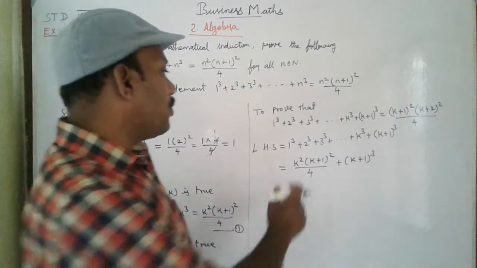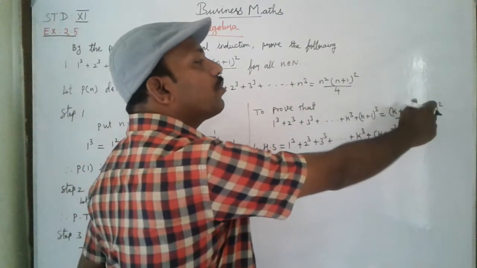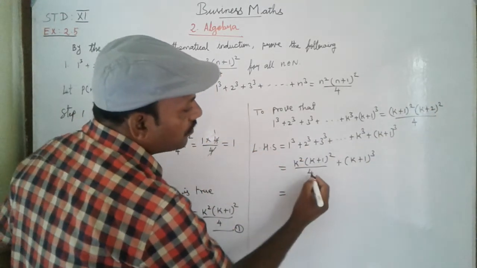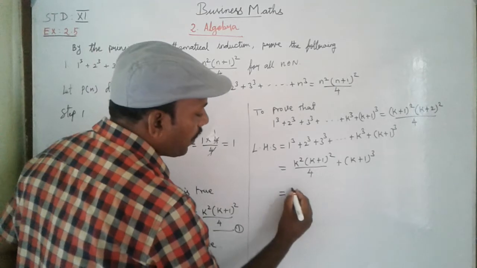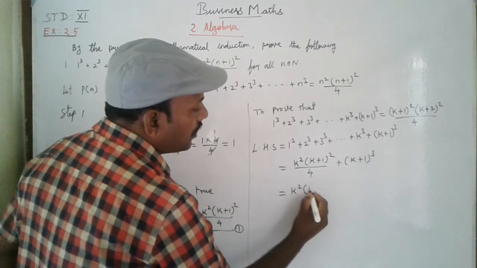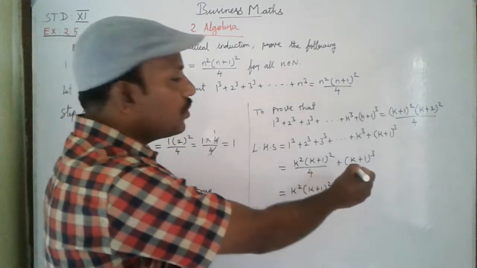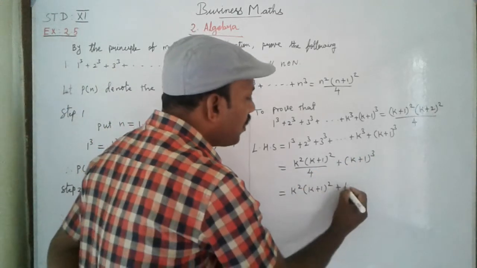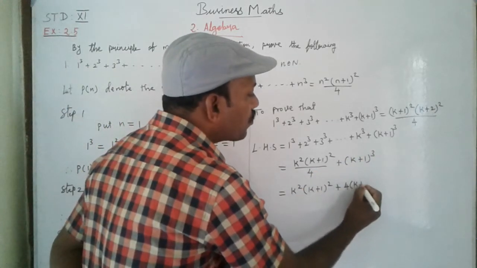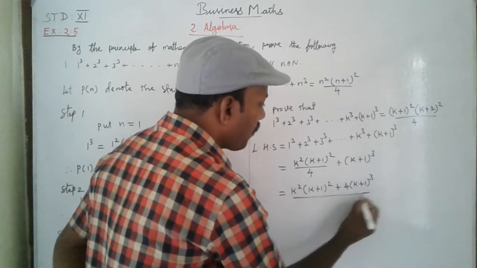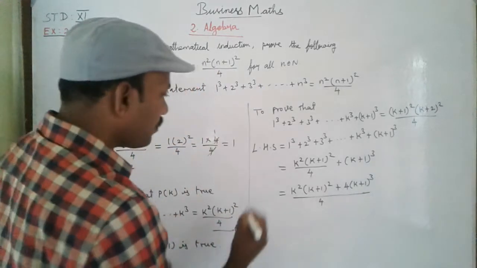So we should prove the right hand side, we should prove this result. Take the LCM, 4 is cross multiplied here. K square into (k plus 1) whole square plus 4 into (k plus 1) whole cube, whole divided by 4.